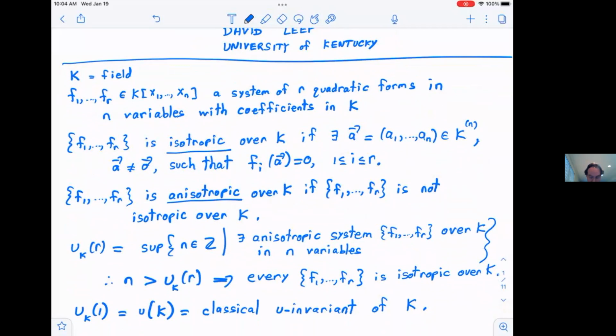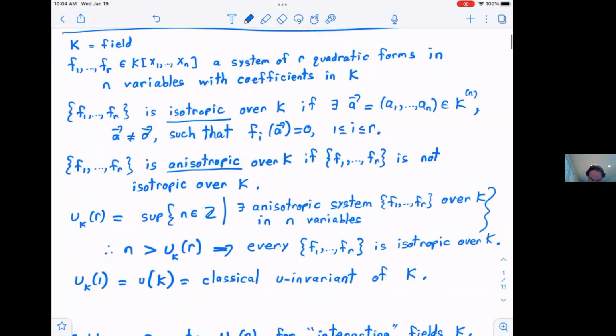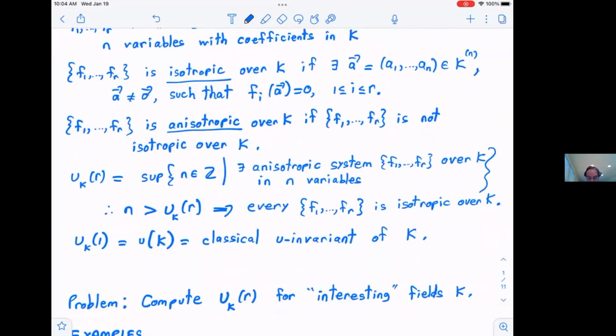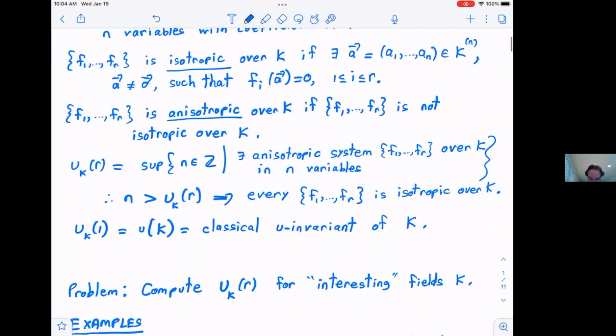So I'm looking at systems of R quadratic forms. Okay, so the problem is to compute this number for interesting fields K. For me, a field K is interesting if it arises naturally somehow in number theory or algebraic geometry. So that's an interesting field, okay?